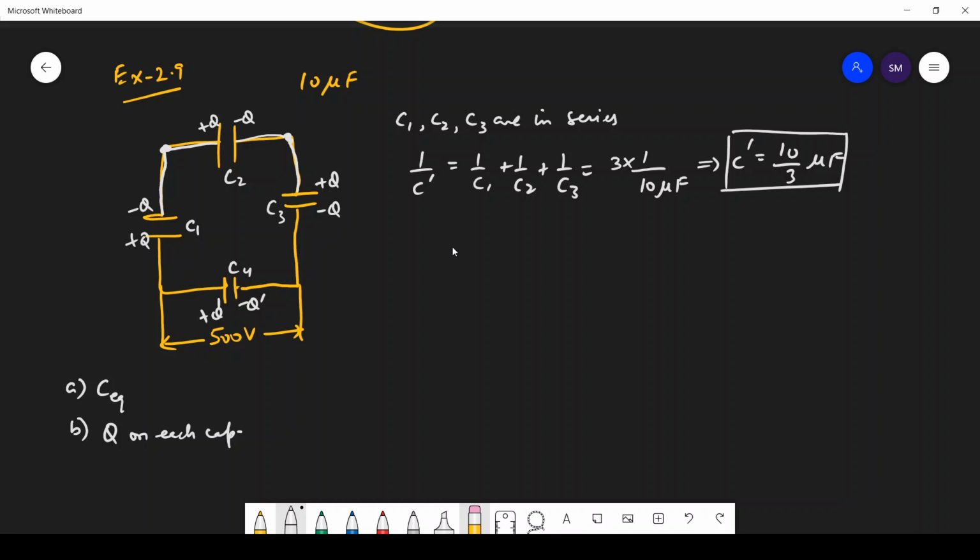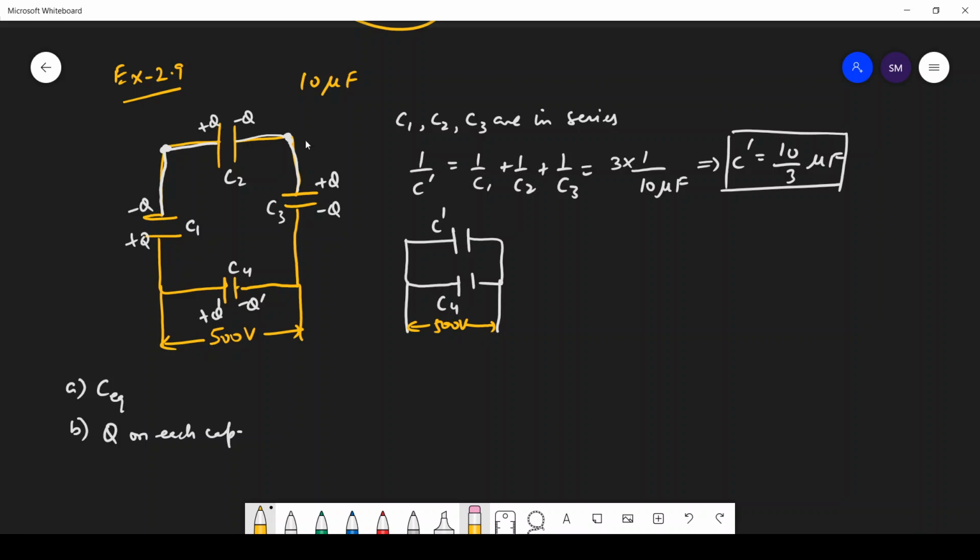Now let us draw this network again. So this is C dash and this is C4, and it is connected with the power supply of 500 volt.